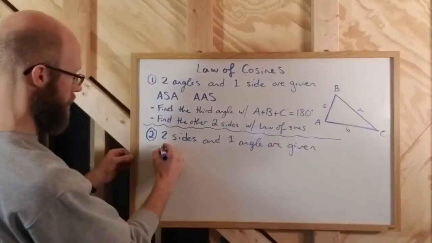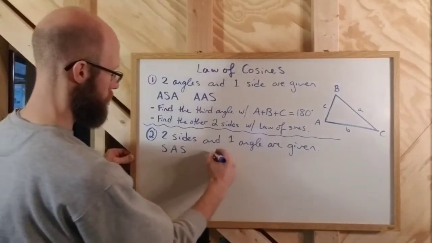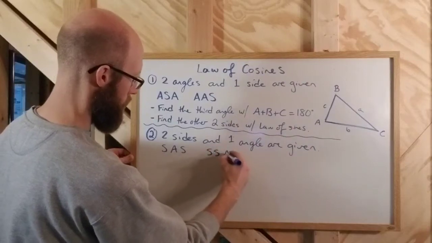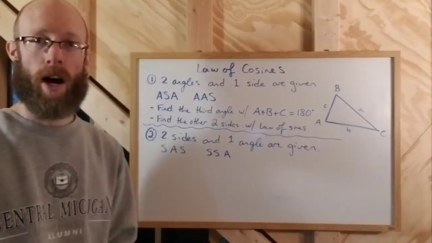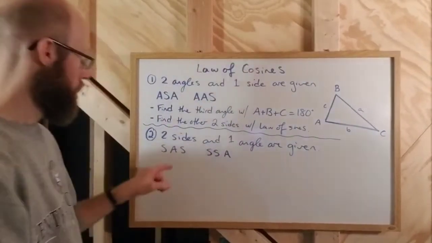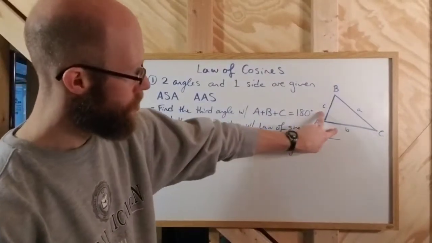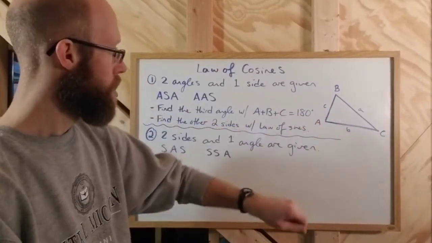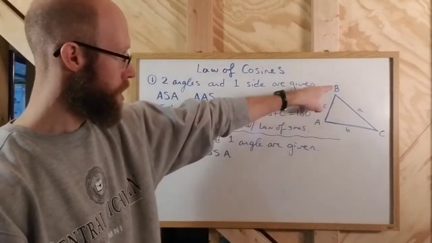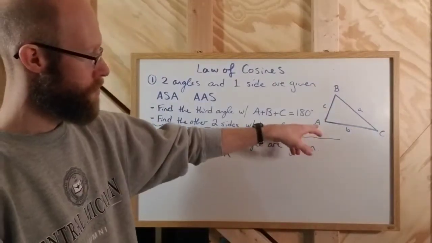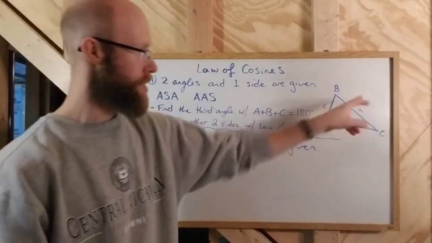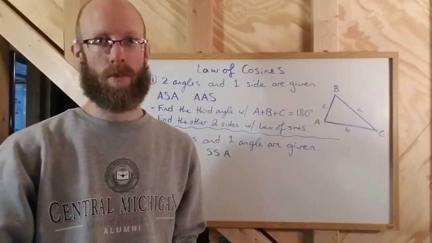And so you could have SAS or SSA. Those are your two possible combinations. You could have two sides with the included angle, or you could have two sides with another angle.